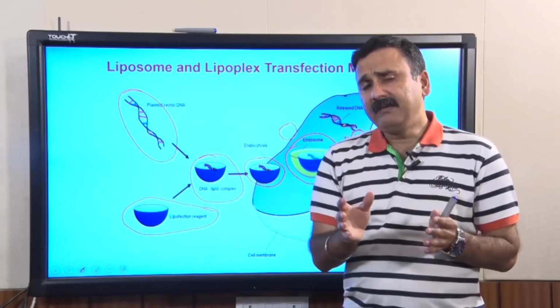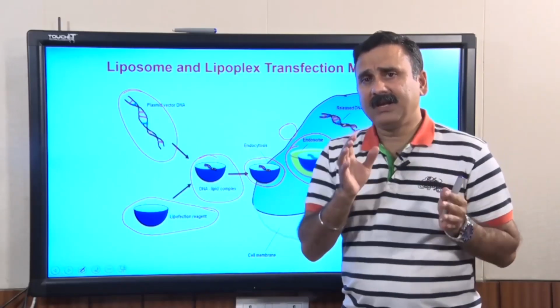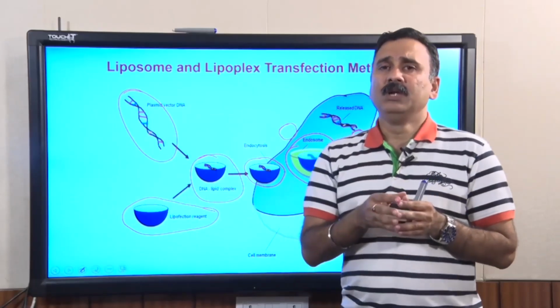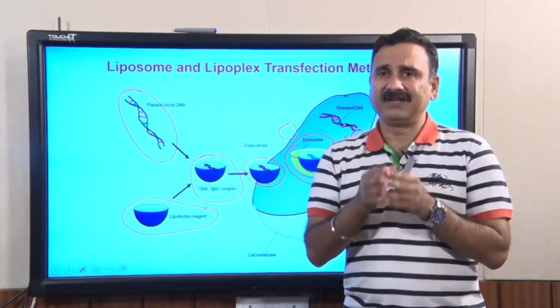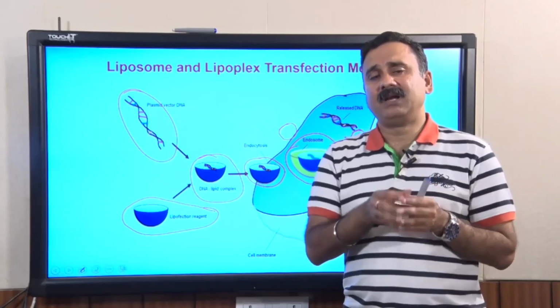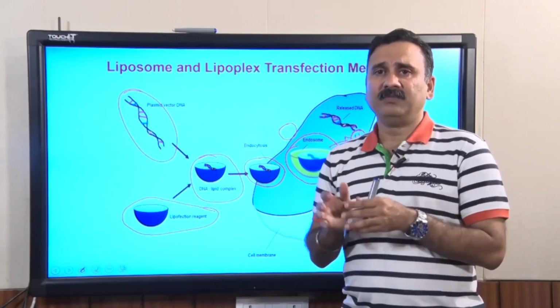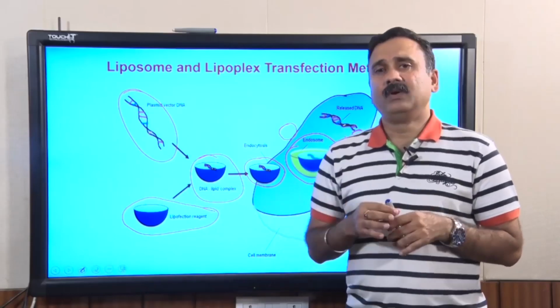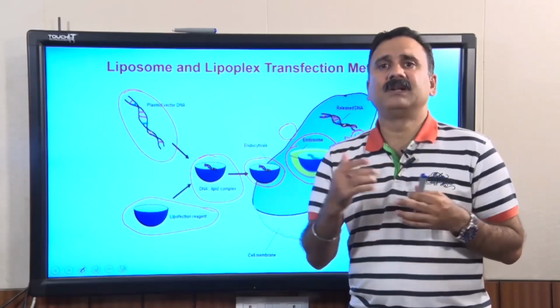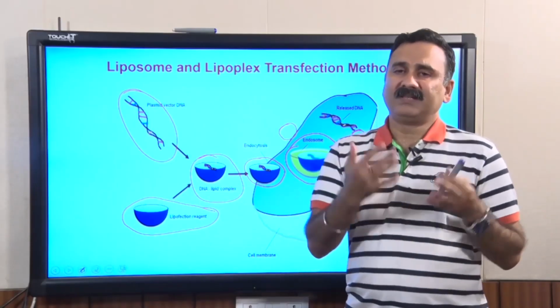So, in a typical transfection experiment, you have to perform multiple steps and take multiple precautions. In a typical transfection experiment, we have the following steps.